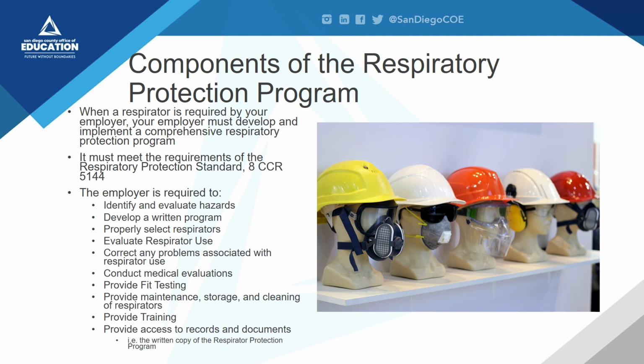The employer is required to identify and evaluate hazards, develop a written program, properly select respirators, evaluate respirator use, correct any problems associated with respirator use, conduct medical evaluations, provide fit testing, provide maintenance, storage, and cleaning of respirators, provide training, provide access to records and documents, i.e., the written copy of the Respiratory Protection Program.